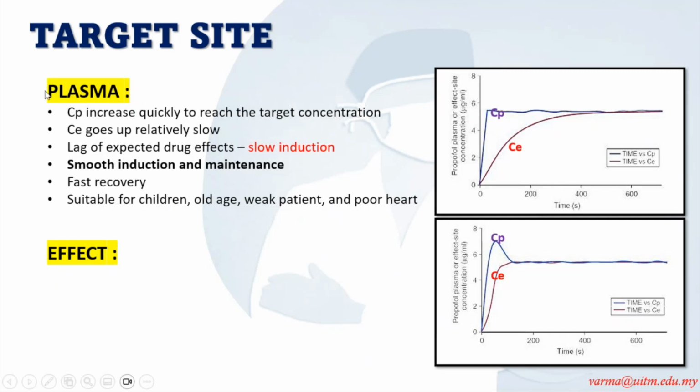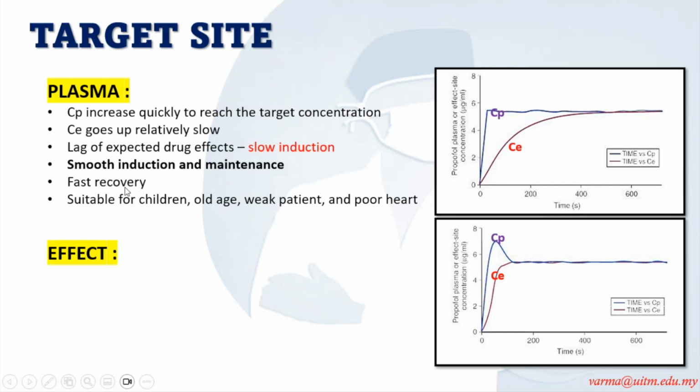If you use plasma as your target site, the pump is pumping the drug mainly into your V1. So CP increases quickly to reach the target concentration. Your steady state plasma concentration is reached very fast. Okay, you see the steep concentration, but the CE goes up relatively slowly because from the V1, it has to go through redistribution to reach the effect site.